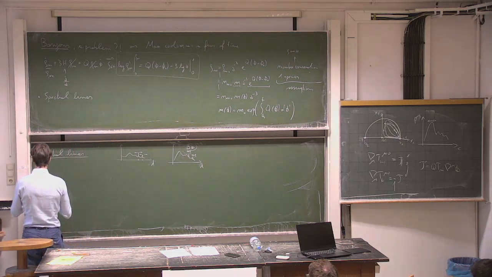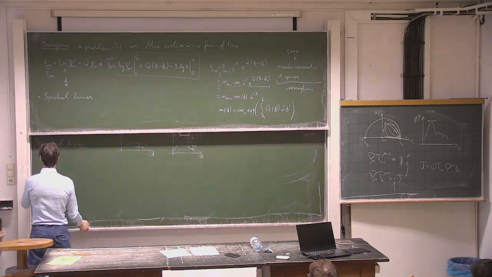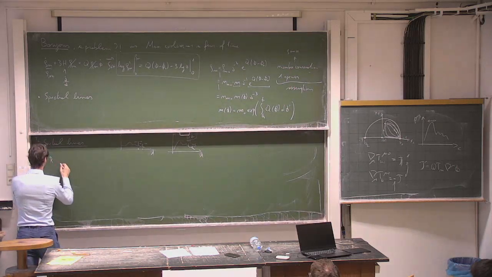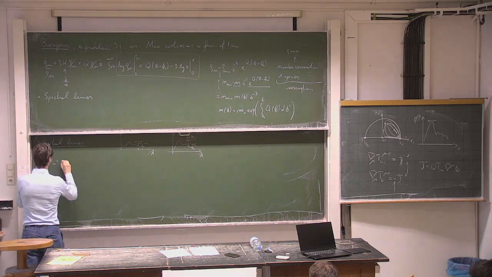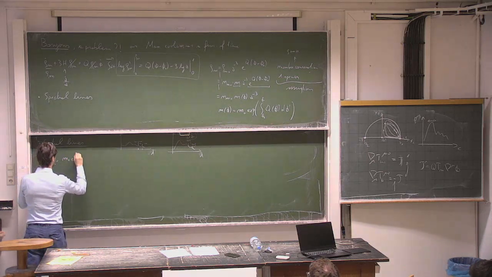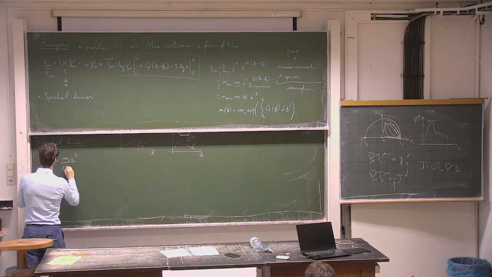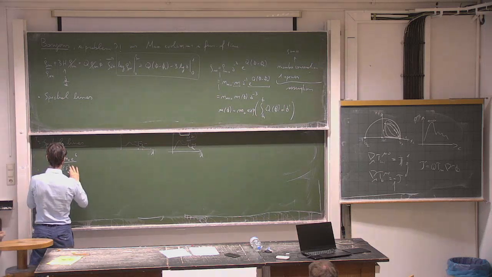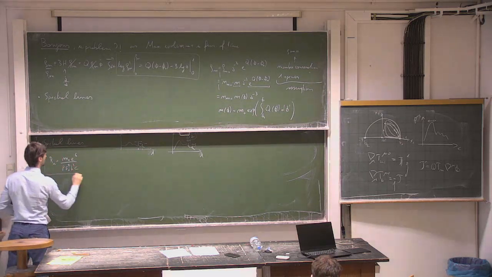Just to remind you of the Rydberg constant: R equals m_e e to the power of 4 over 8 epsilon 0 squared h to the power of 3 c.